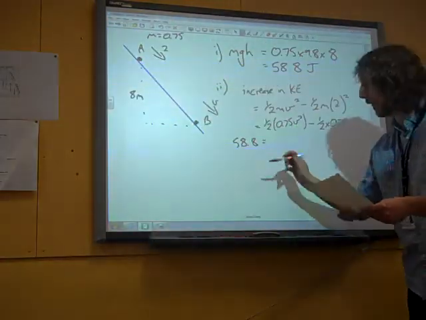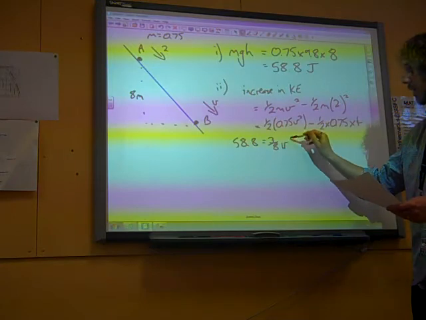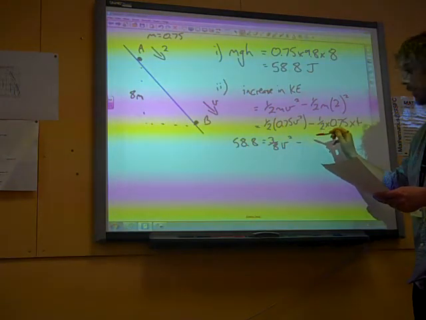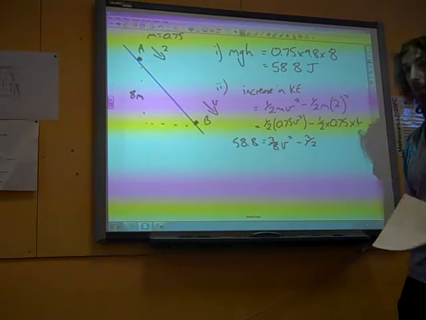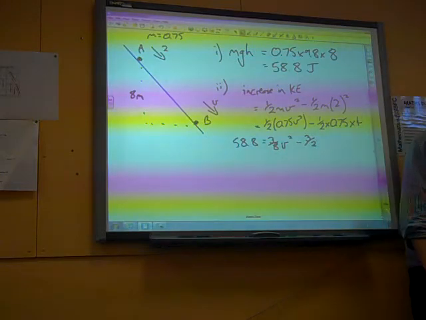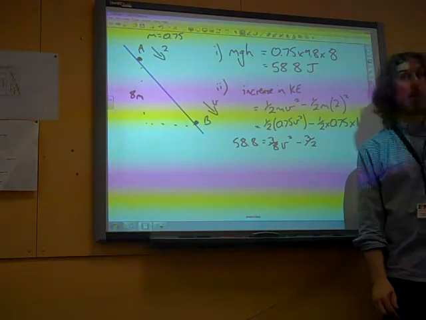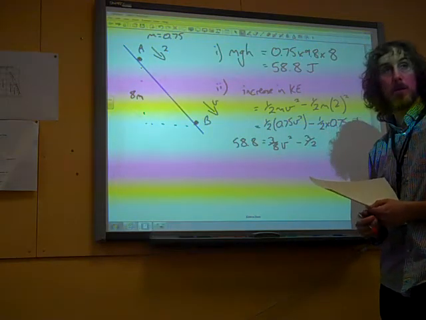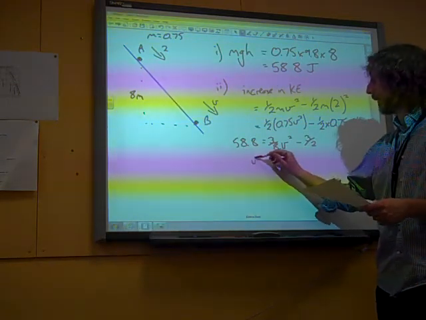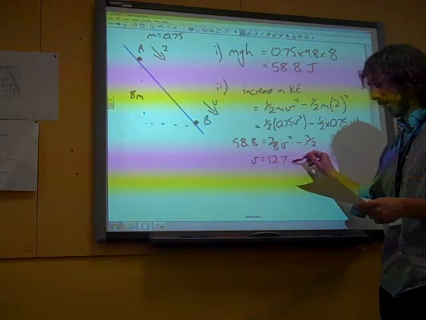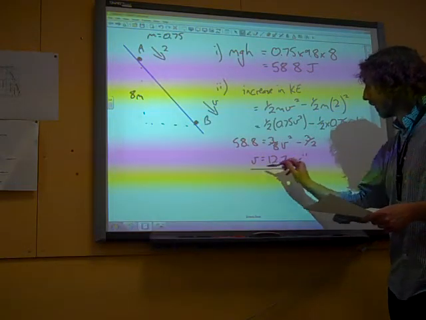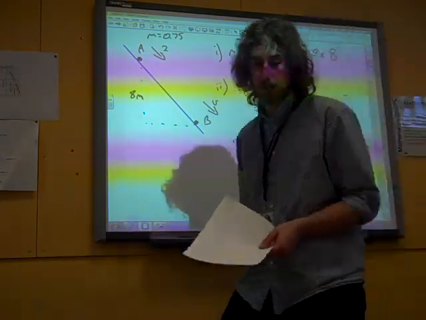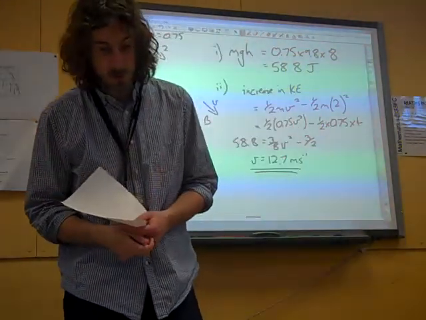It's 3/8 of v squared minus 3/2. If we rearrange that, we get v squared equals something, but of course we know that in this context v is going to be a positive amount, isn't it? So we have v as being 12.7 metres per second. And there we go, that came from solving that equation.